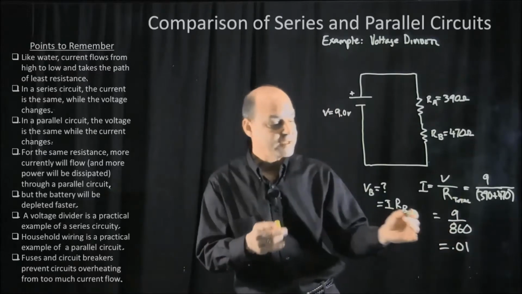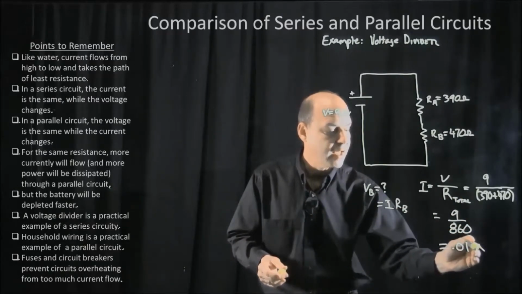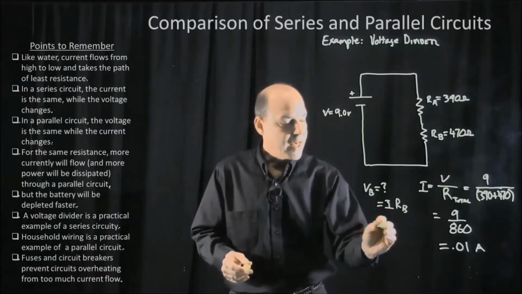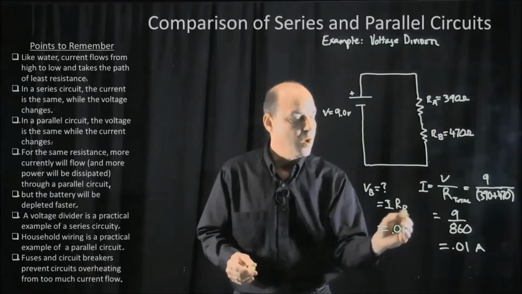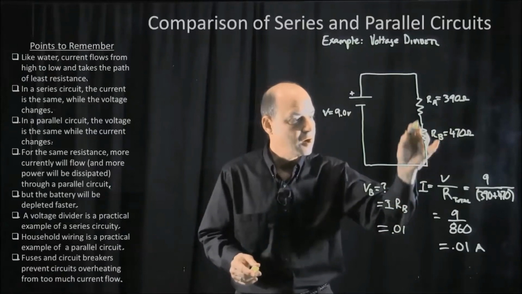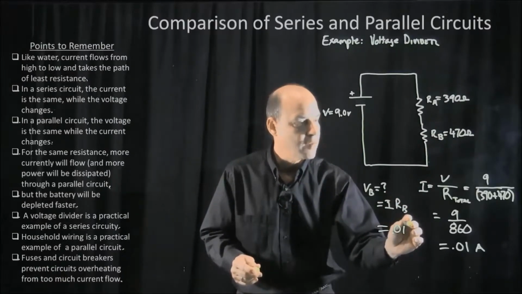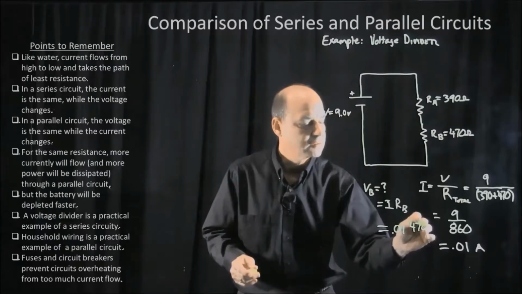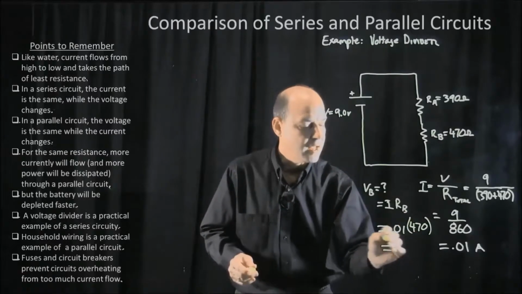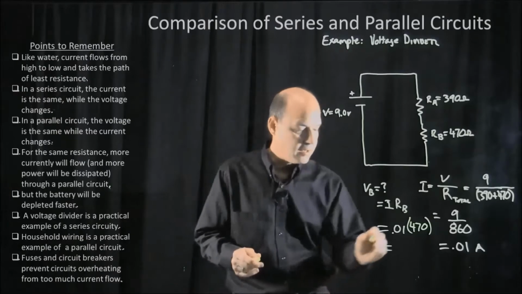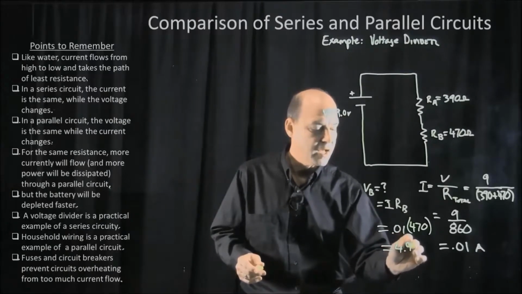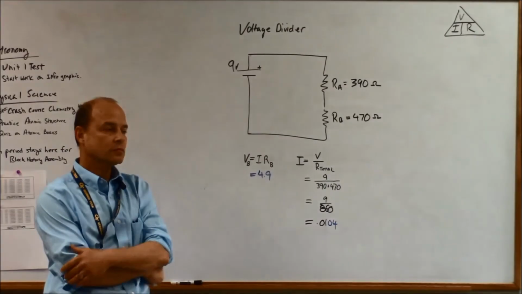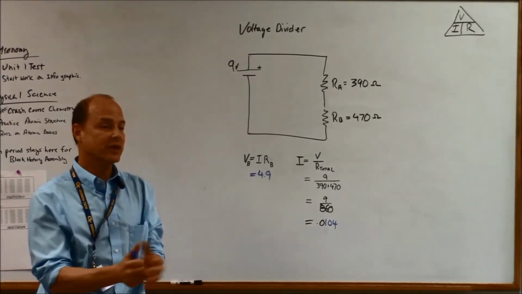Now remember, that's just our current in amps. We need to plug that number in over here: 0.01 times the resistance of RB, which is 470. This is what we're trying to figure, the voltage drop across B. And that should give us an answer of 4.9 volts.